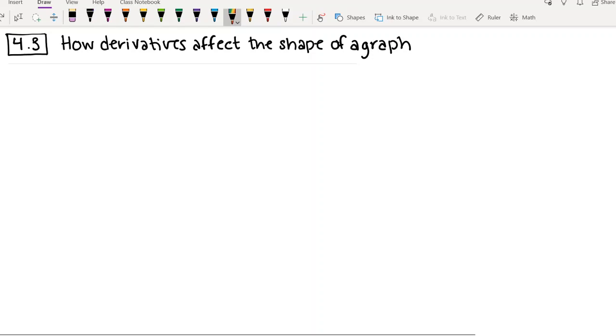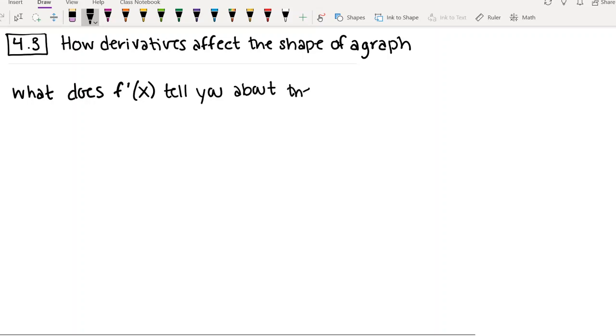I want to start by, like I said, reviewing some stuff from earlier in the quarter, which is talking about what the first derivative, so f prime of x, tells you about the shape of the graph of a function f of x.